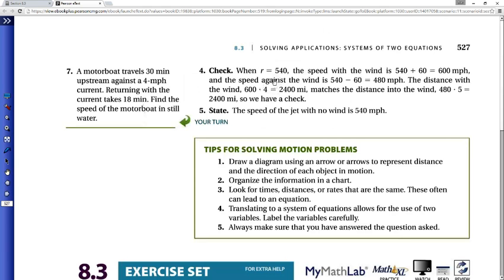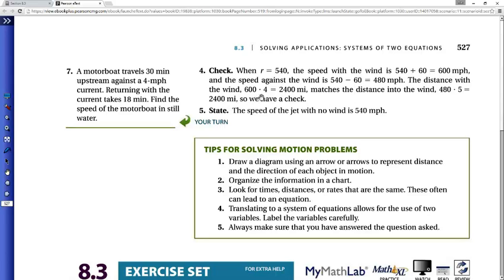So we check. We say, well, when the rate, or the speed of the plane, is 540 miles per hour, if it's going with the wind, it would be 540 plus 60, or 600 miles per hour. Okay? And if it went against the wind, it would be this 540 minus 60, which is 480 miles per hour. And then we check this.